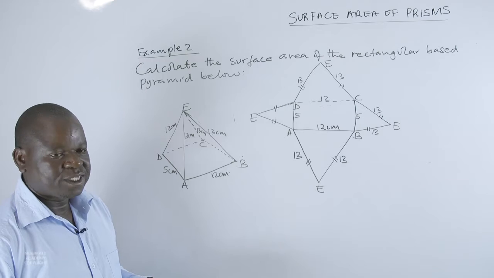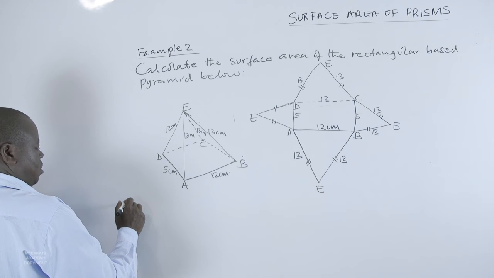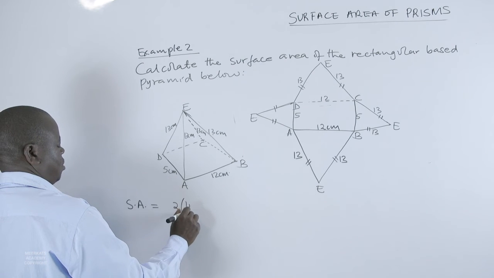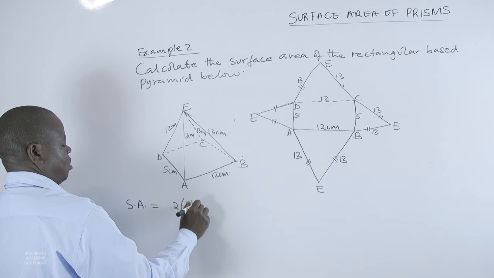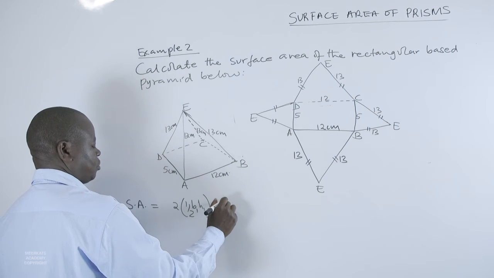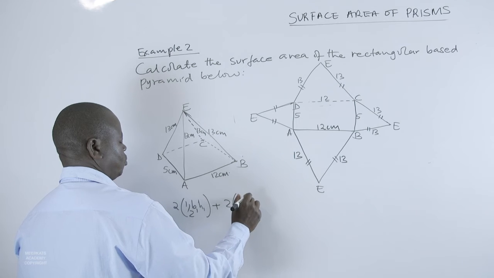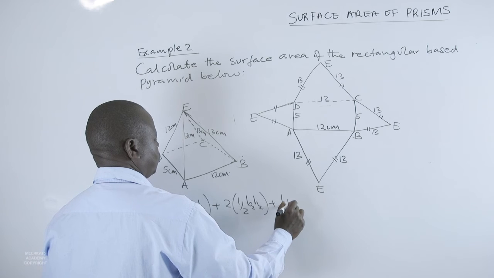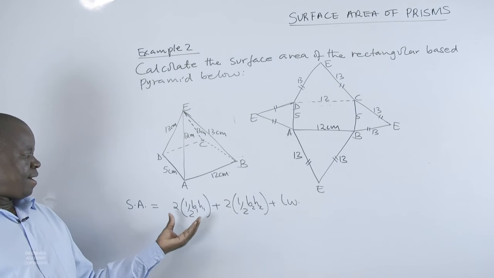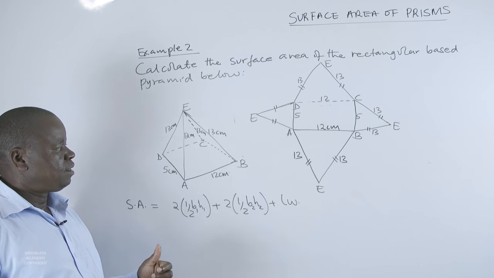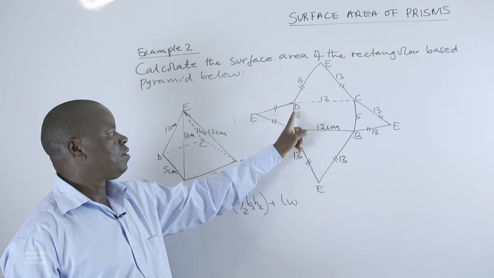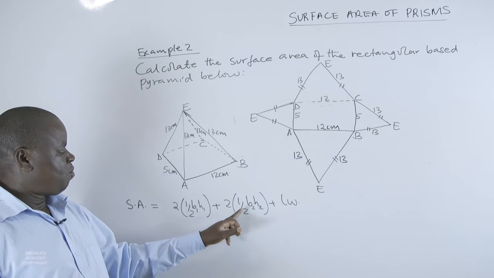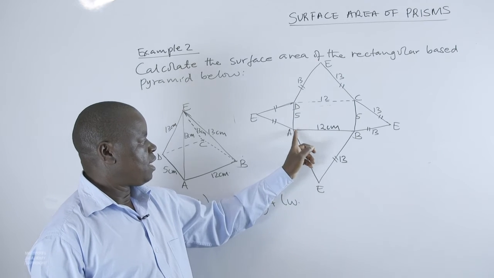So we shall have total surface area being given by two into a half B1 H1, where B1 is the base of triangle ADE, and then B2 is the base of triangle ABE.